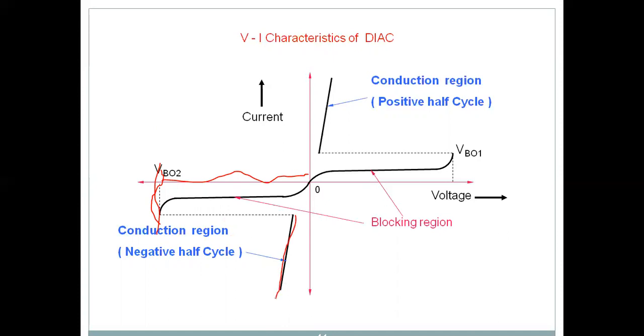The characteristics are very similar to the forward bias operation, but the reverse bias characteristics lie in the third quadrant. It is observed that the diac during the non-conducting period acts like an open switch and offers high resistance.